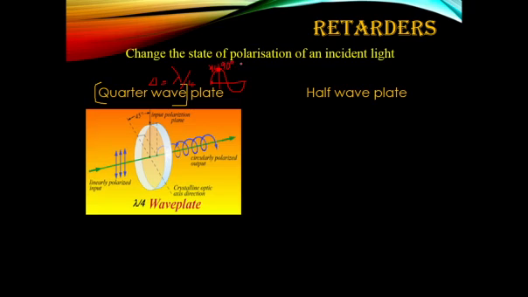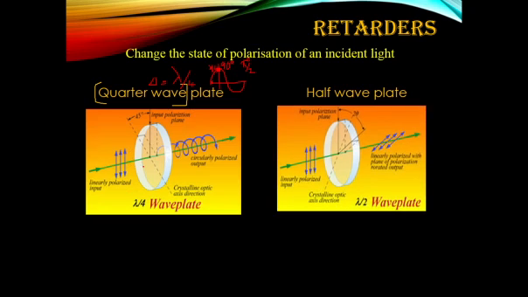It is pi by 2 radians, isn't it? Okay, so whenever there is a phase difference of pi by 2, what kind of state of polarization will be emerging out? Yes, we have studied that. You'll get an elliptically polarized light or circularly polarized light depending upon the amplitude. Okay, so the same principle is applicable here.